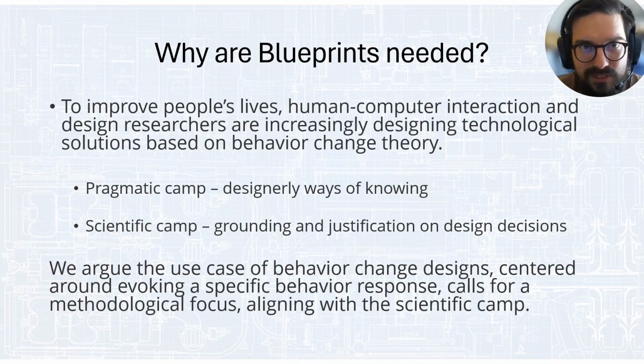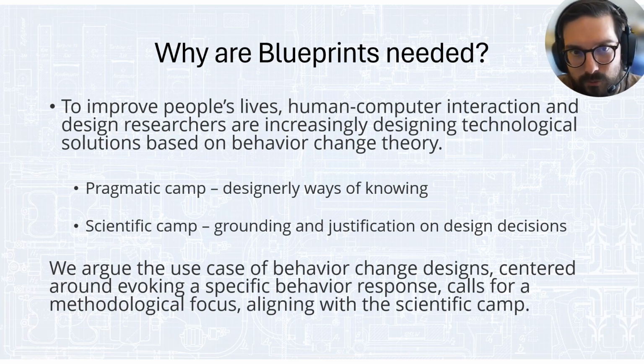To improve people's lives, human-computer interaction and design researchers are increasingly designing technological solutions based on behavior change theory. The use of theory in design has always been a hotly discussed topic. The current discourse around the value of theory in design can be broadly separated into two main groups.